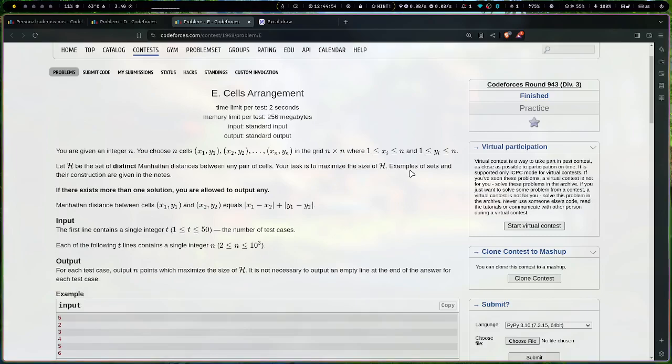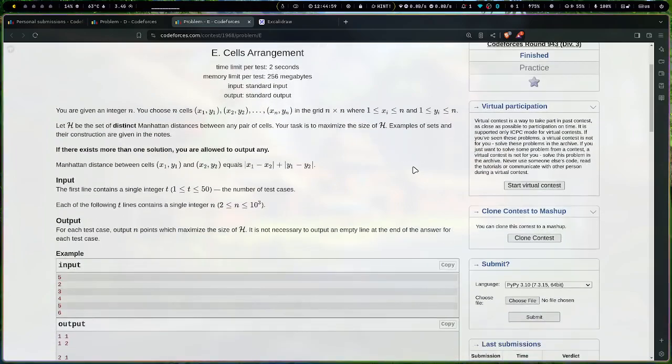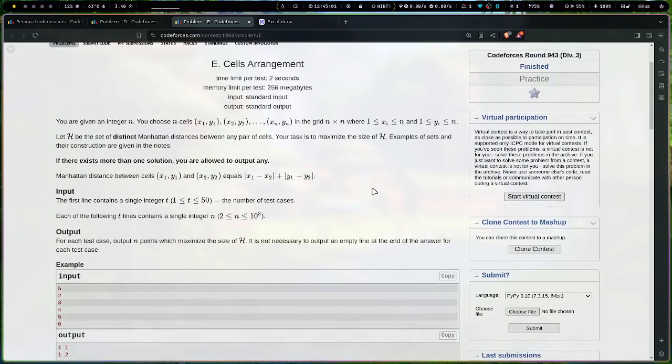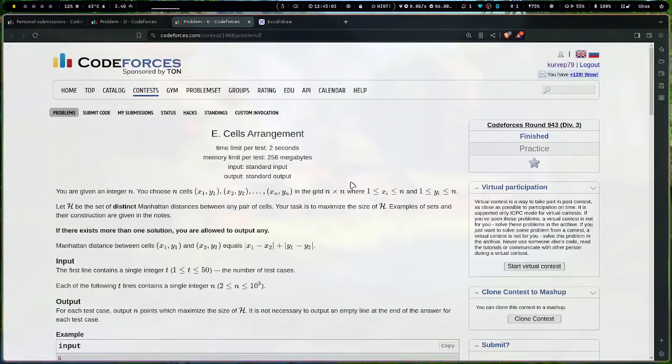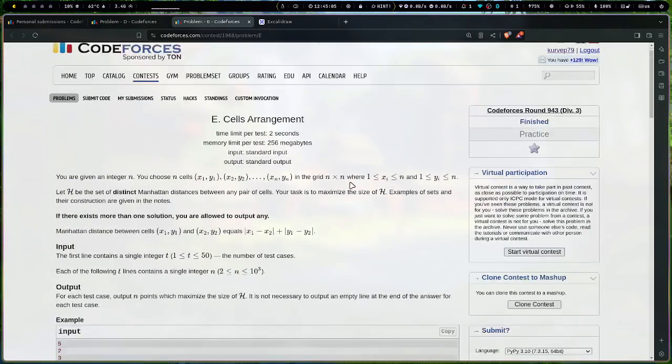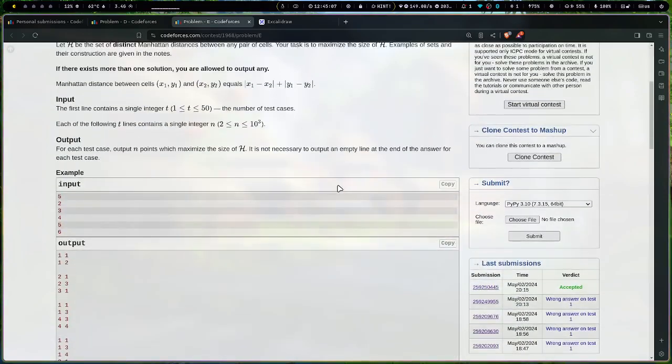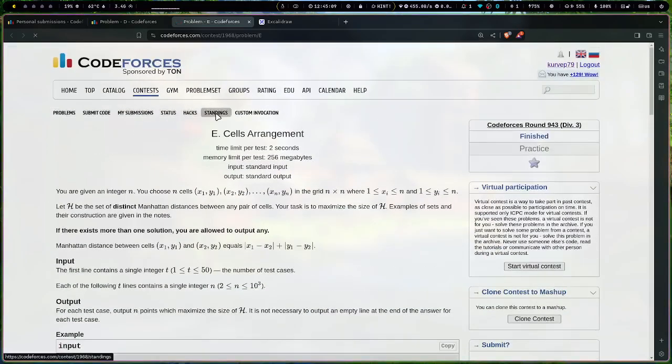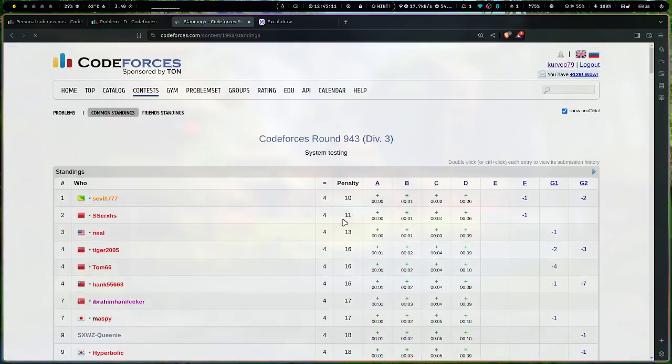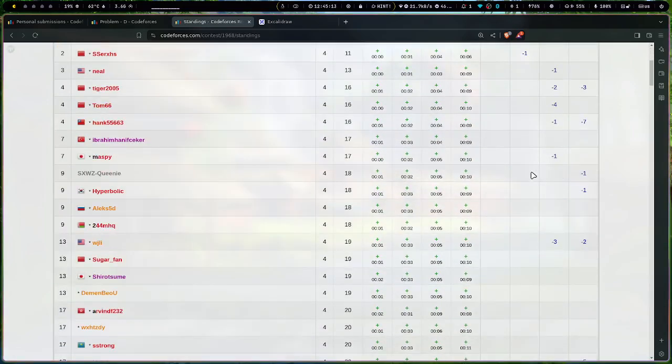I solved it, but after the contest I was able to solve this other problem, and I saw the solution in the standings. So I will show you.